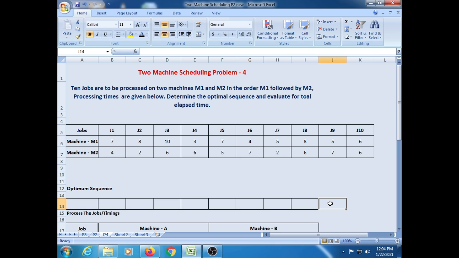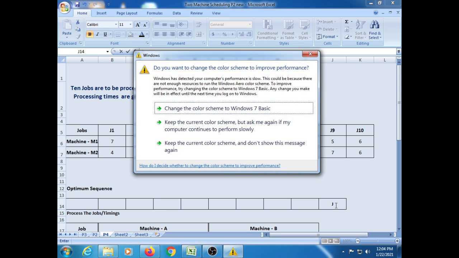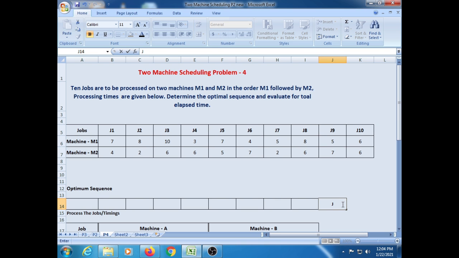So here we have to place job 2 here or job 7. Which job do we place here? That is the confusion. So what we have to do: if we have the same processing time more than once, then we have to consider the corresponding processing times.